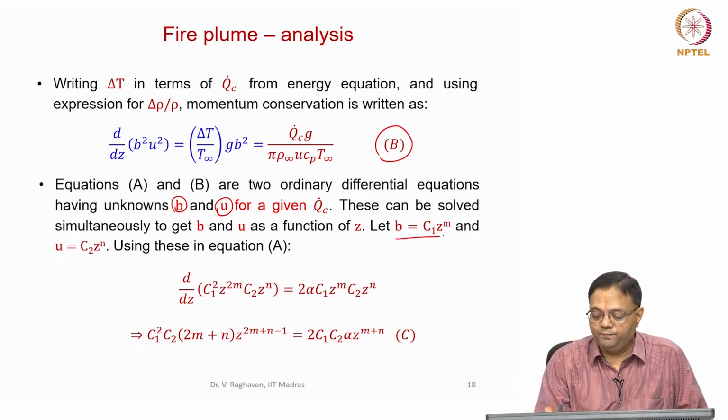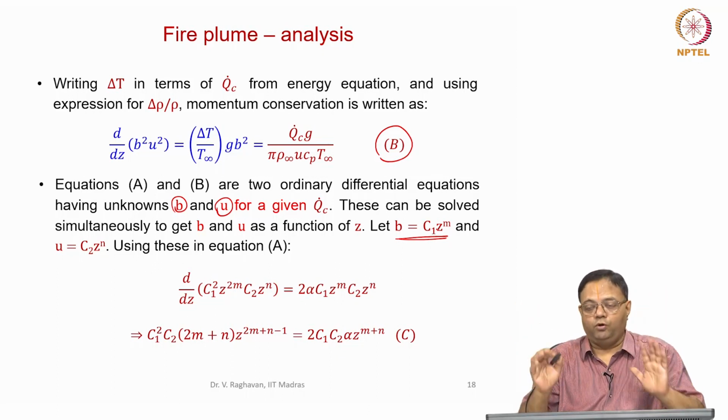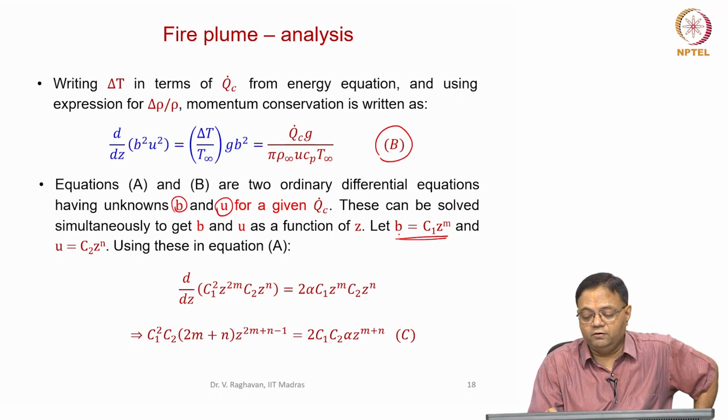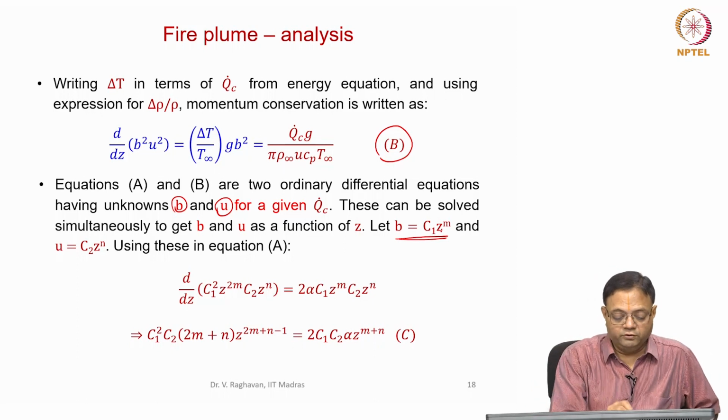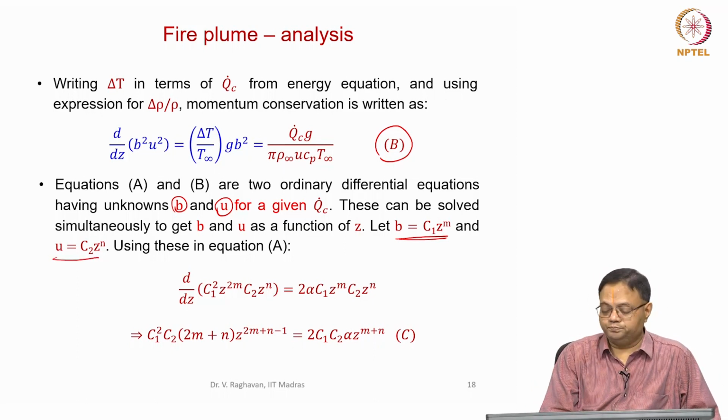So I can say similarly the jet radius or the plume radius also varies in the z direction. This variation is not linear. So I can say b varies as some constant C1 times z power m, some power law profile. Similarly for u, C2 into z power n.